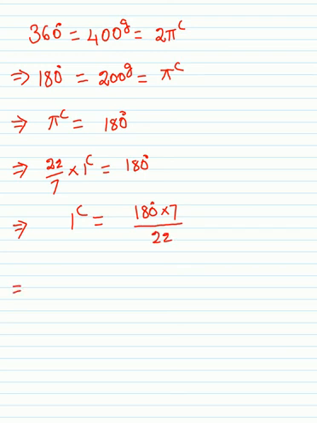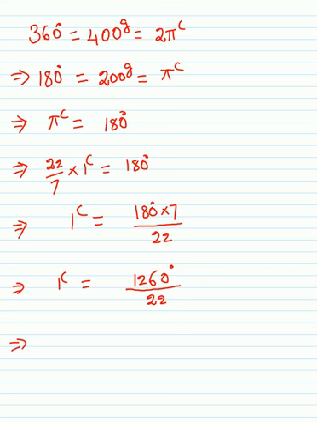So now that implies 1 radian is equal to 1260 degrees divided by 22.